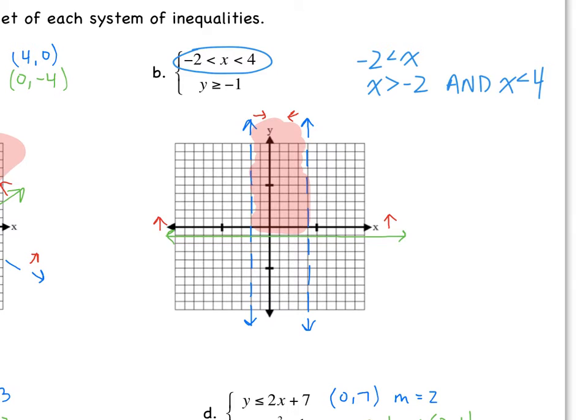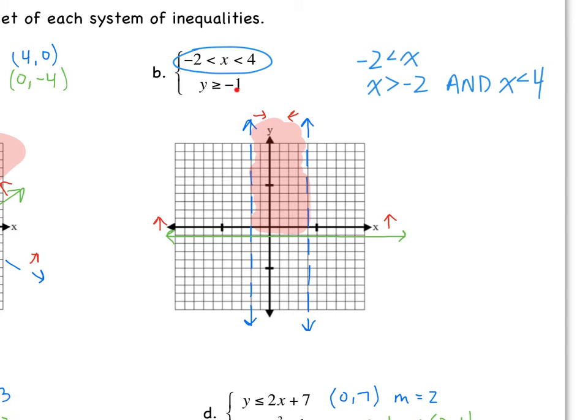So what we should notice is that these are vertical lines. x equals negative 2 is how we can think about it, and x equals 4. But because they are strictly less than if we go to the original, I'm going to have dashed boundaries. So again, these are vertical lines at x equals negative 2 and x equals 4, but because it's strictly less than all the way through, we've got dashed boundaries.